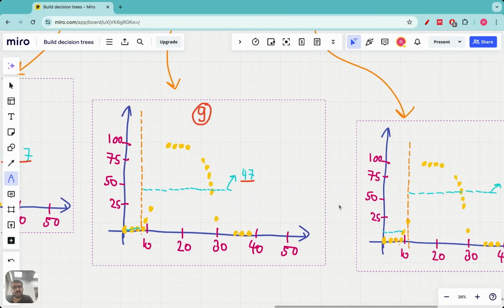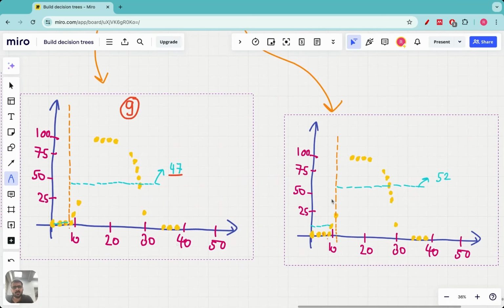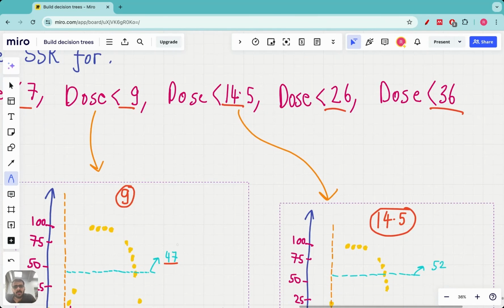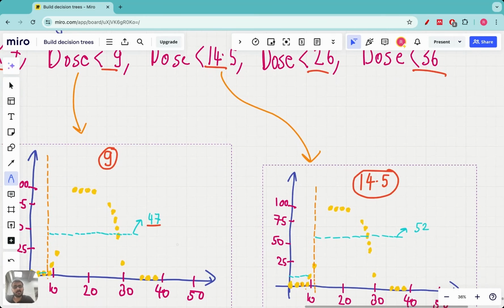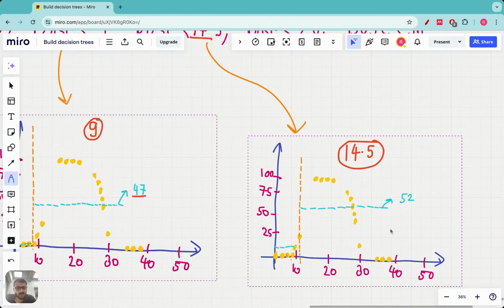And the best error is obtained for the dosage threshold value of 14.5. So I am just mentioning that over here. This is the value for which the least error is seen on the left hand side as well as on the right hand side.